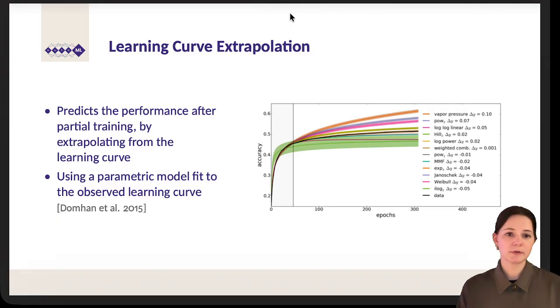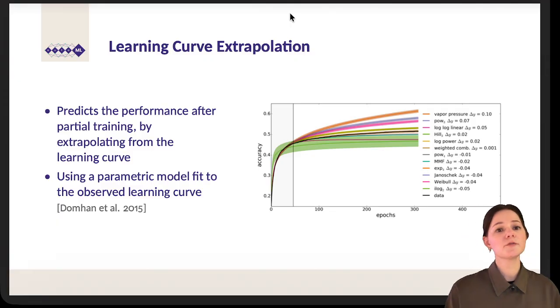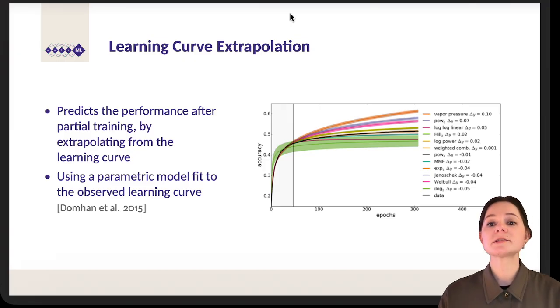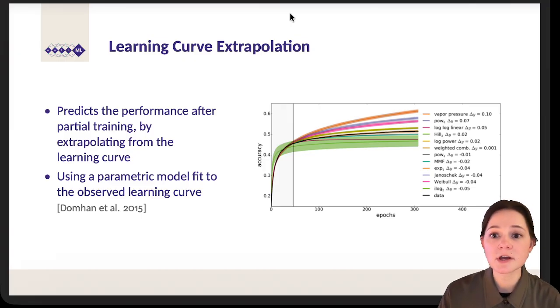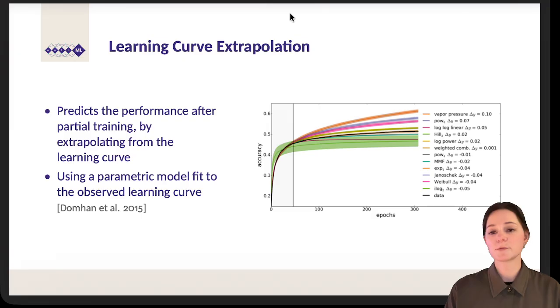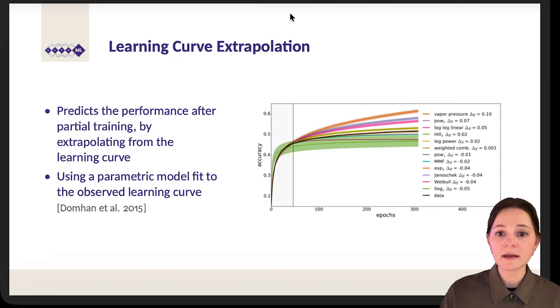Learning curve extrapolation aims to predict the performance after partial training by extrapolating from the learning curve. Here we can see on the right-hand side an image using different parametric models to fit the observed learning curve. We have our data, which is the black line.